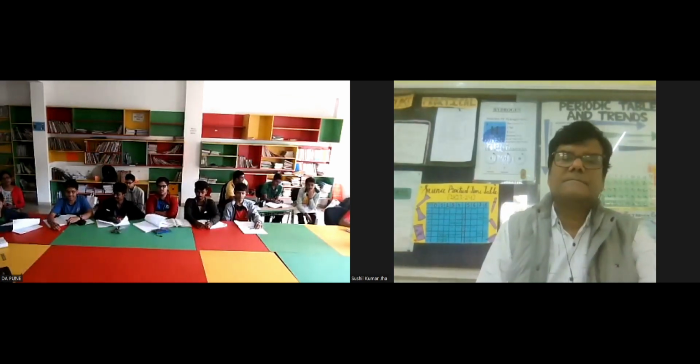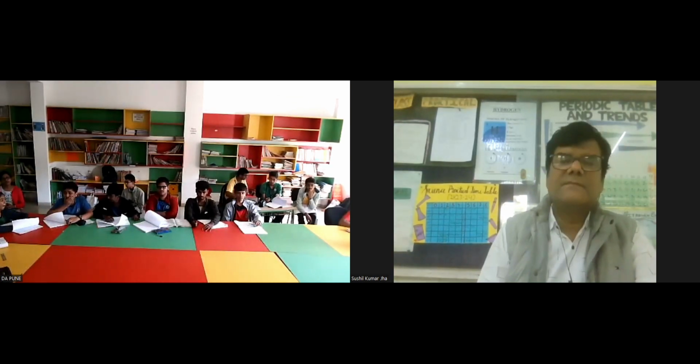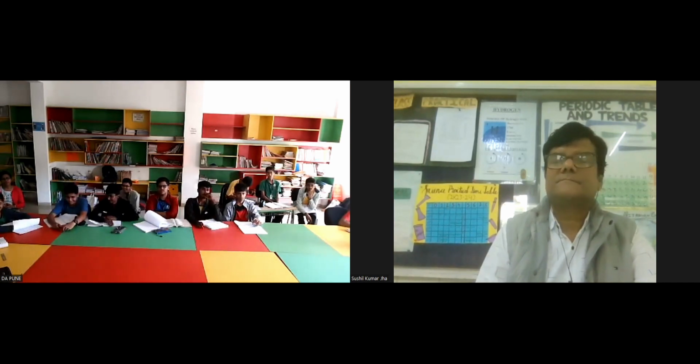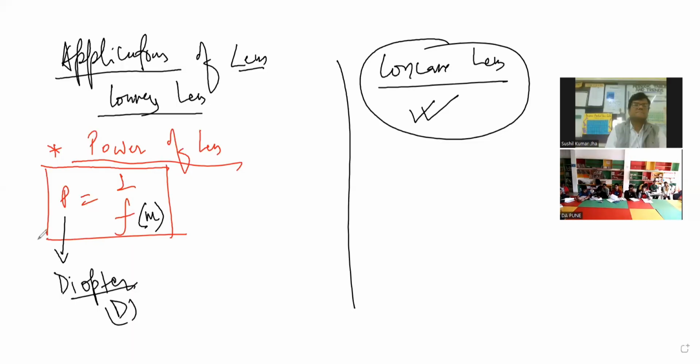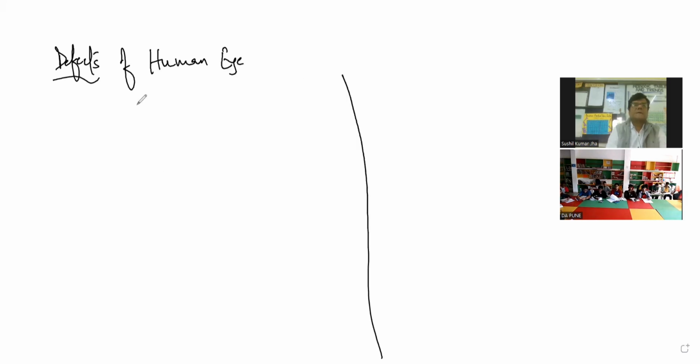So we can understand it with the help of the diagram. So look at the diagram. Defects of the human eye. First one, we call it myopia.